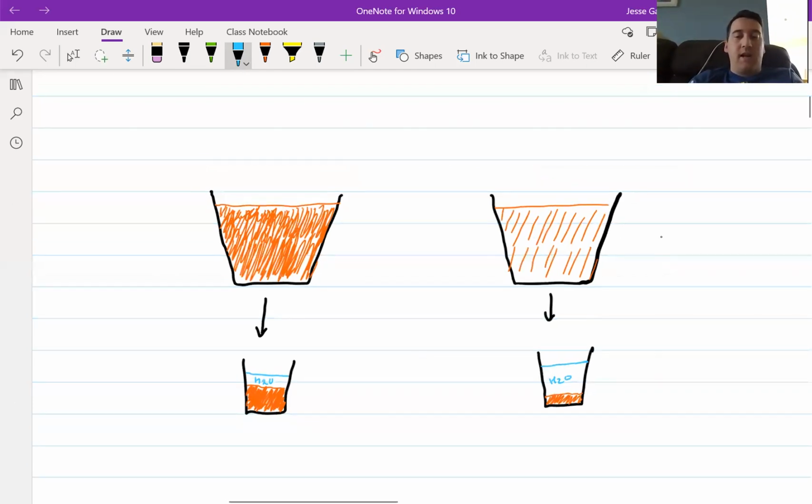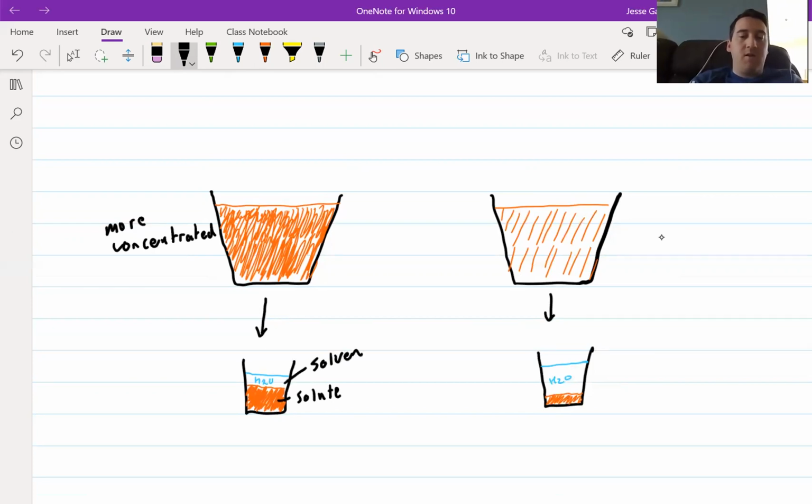Now, in this case, on the left, we say that this is a more concentrated glass of maiwadi, because you have a larger amount of the solute, we'll call this the solute for now, for the amount of solvent.